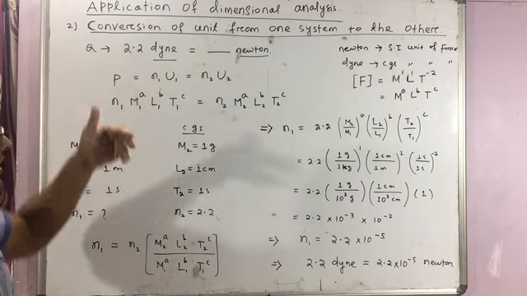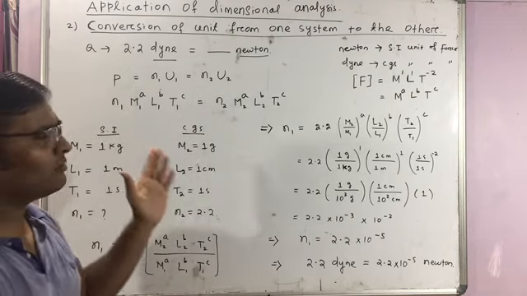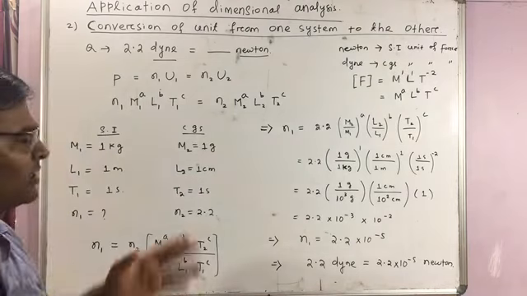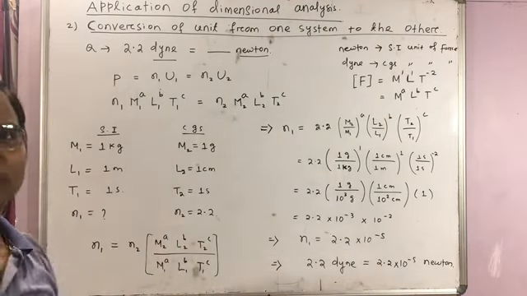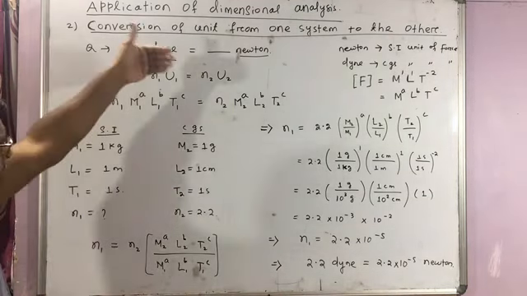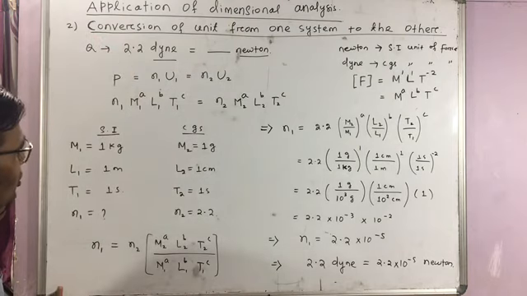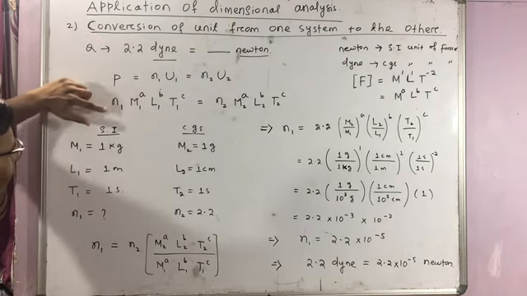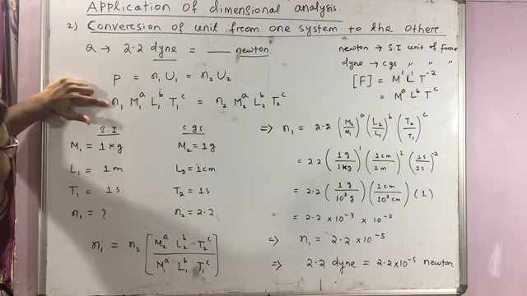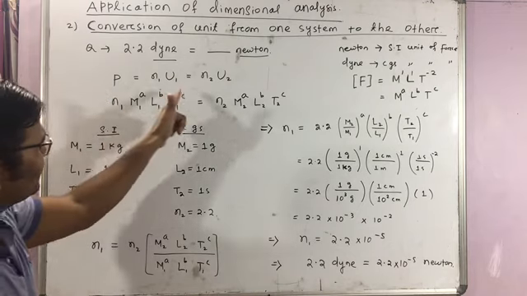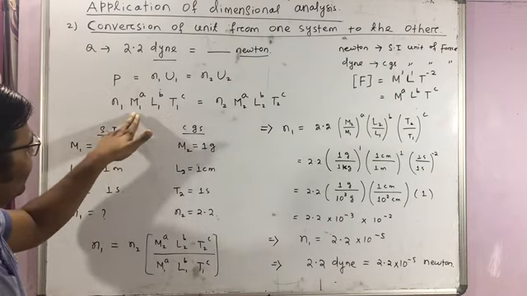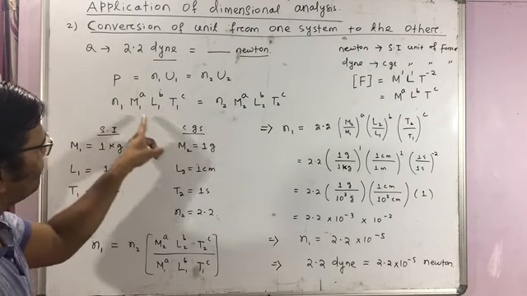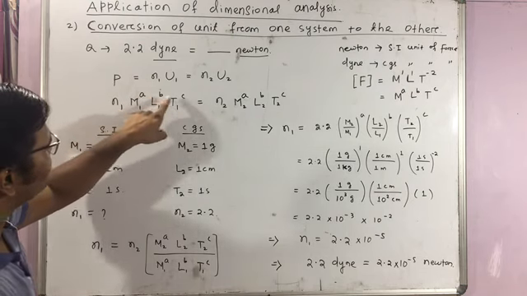Similarly, while writing the dimension, if we change the system of unit, the dimension of the physical quantity is not going to be affected. This formula can apply for the dimension too. So what is the general formula here? n1 is the numerical value in one system, and this is M1 L1 T1. They are the base units under this system, and the dimension here is a, b, c.